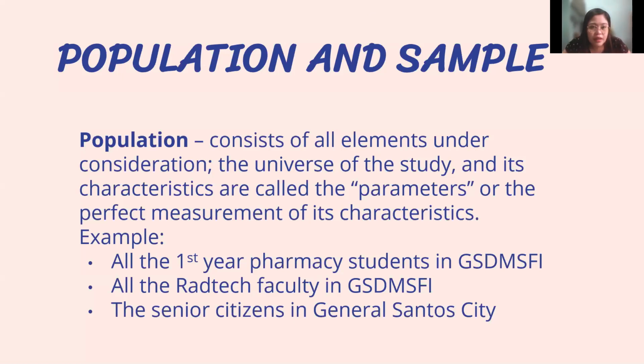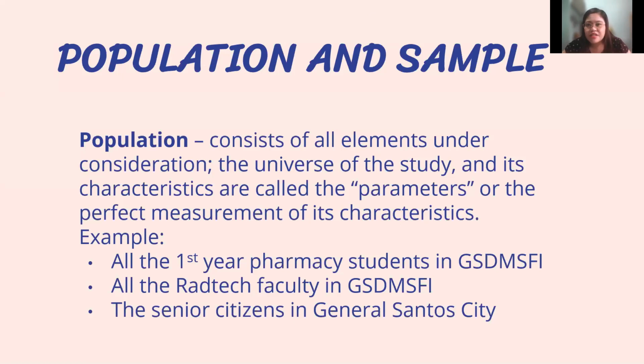When you say population, it is a group of people or animals, all the elements under consideration. It's also called the universe of the study. All the characteristics of the population are called parameters.